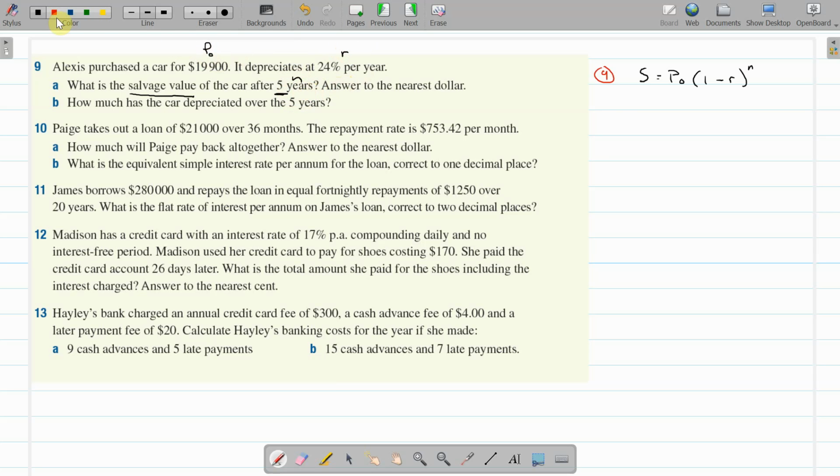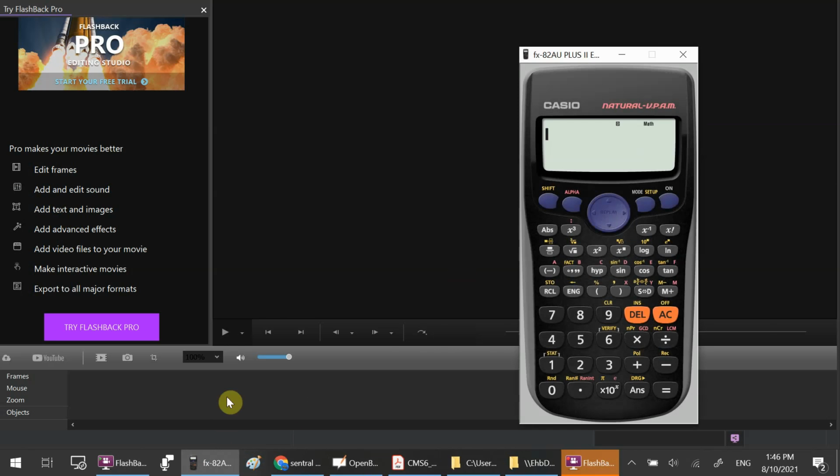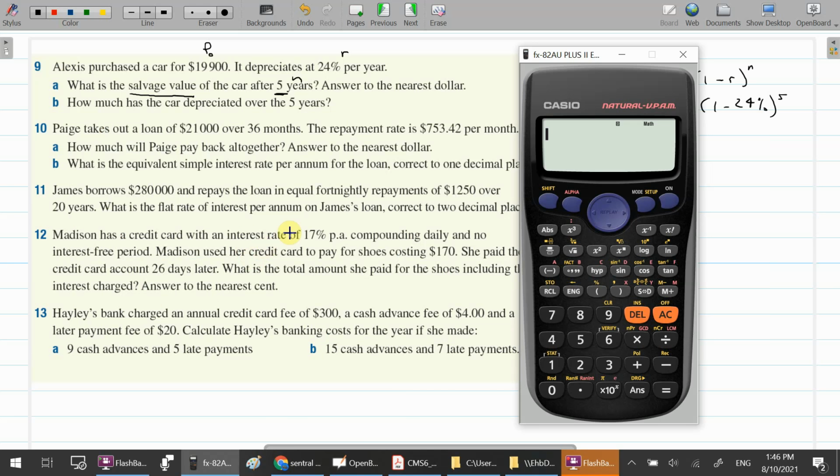Okay, let's put them in. So the salvage value equals P0, which is 19,900, 1 minus the rate, 24%, and it's over 5 years. Okay, let's get a calculator happening. There we are.